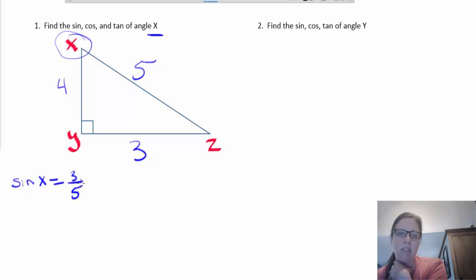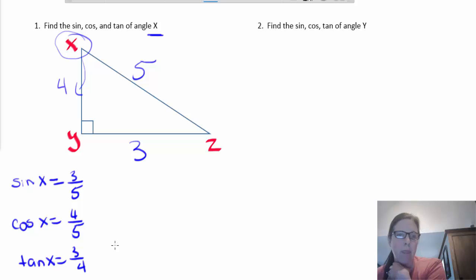And you would just leave it as a fraction right there. That is fine. Cosine of X would be adjacent, which is right next to it, over hypotenuse, which is right there. Tangent of X, remember, is opposite over adjacent, 3/4.